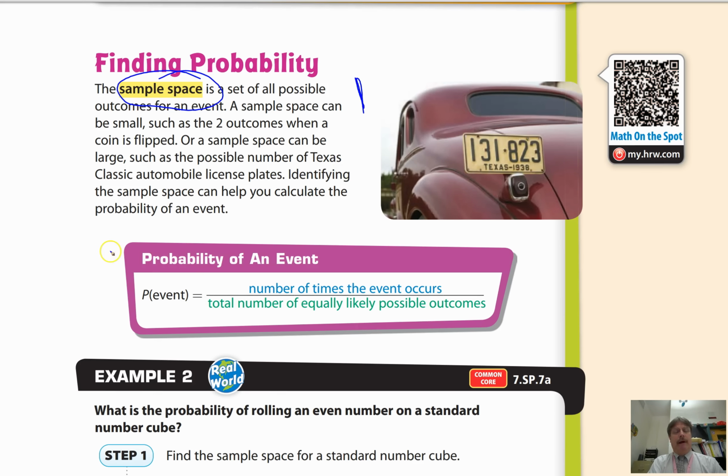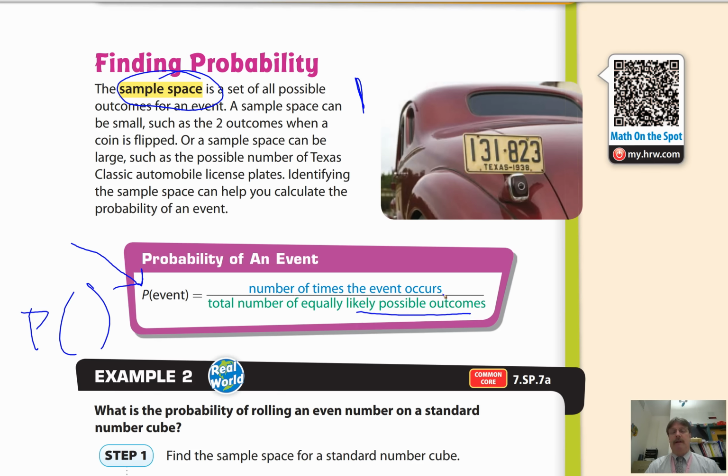And then, as I said before, we need to pay attention to how you write the probability of an event, and it's P and then whatever the event is. So the number of times that the event occurs over the total number of times that it's possible to occur.